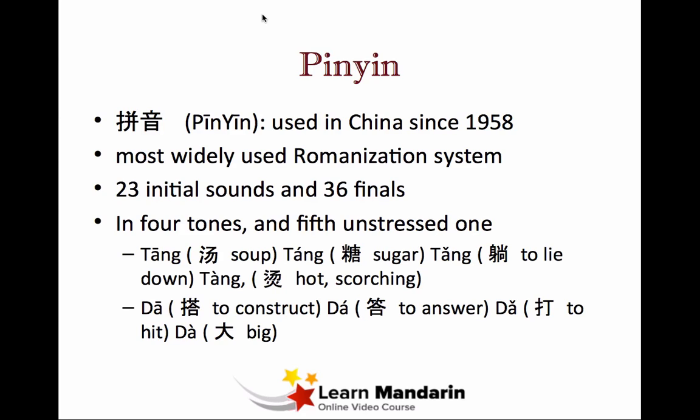Altogether, there are 23 initial sounds followed by 36 different final sounds. So these final sounds are either just vowels or a combination of vowels and consonants. The syllables also come with the tone mark, as we've mentioned before, one of the 4 accented tones or the 5th neutral tone. Throughout this video, we've been using Pinyin alongside the characters.